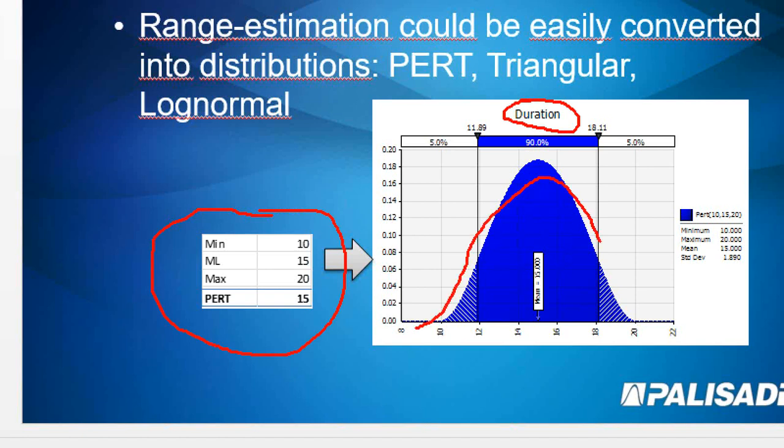And this is a PERT distribution, you see here. And this is a PERT distribution that uses the exact same parameters it used before, but now you will have a distribution. So during the simulation process, when you run the Monte Carlo simulation, this is going to get samples from any part of this distribution based on the frequencies of each one of them, right?